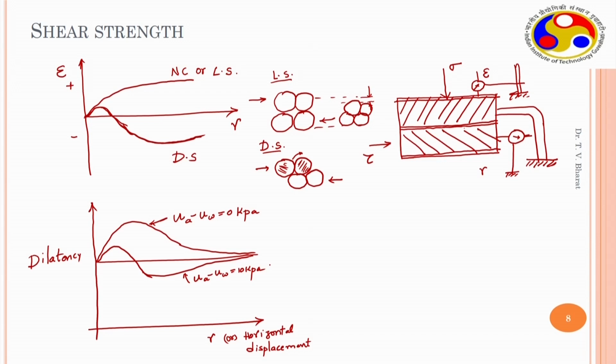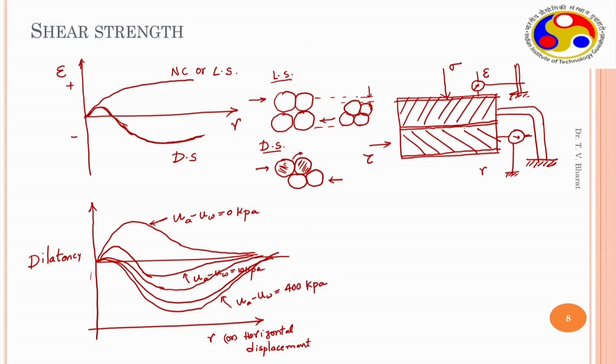And interestingly, if you keep on increasing, the dilation increases, so this is the behavior it showed. This is maybe at suction value u minus uw equals say 400 kilopascal.